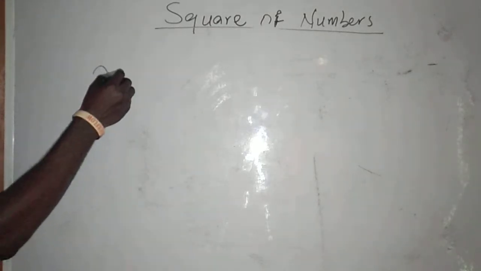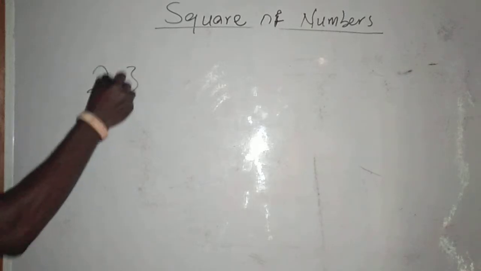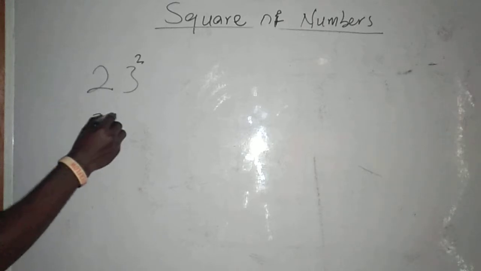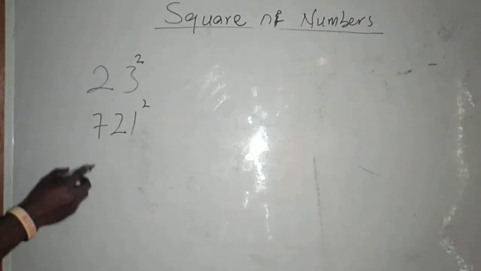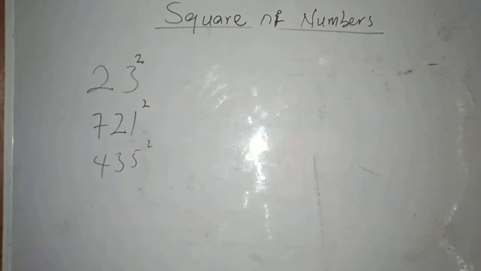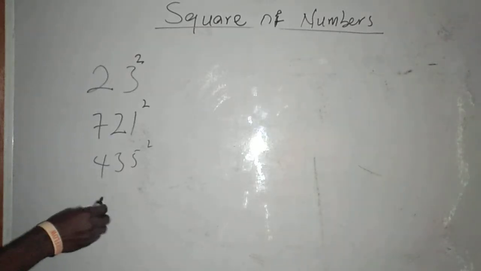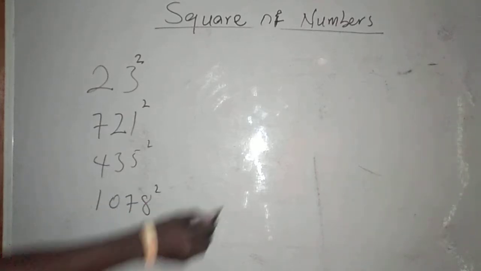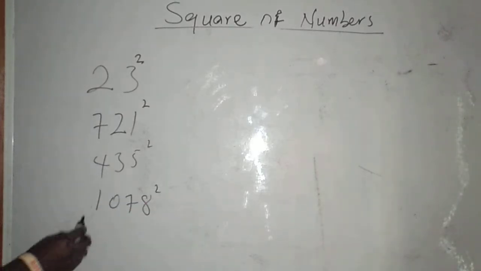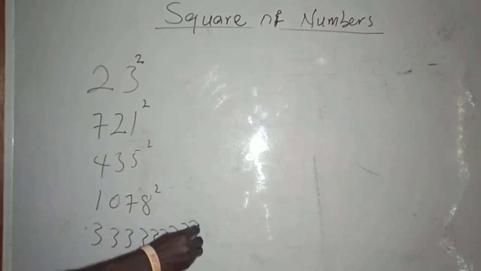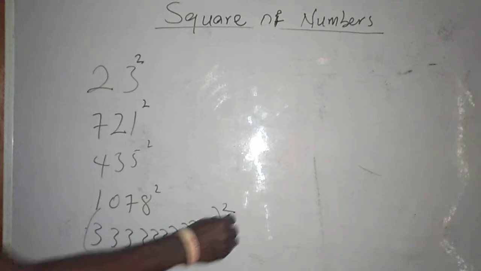Now, if I have a number, try this and get back to us. Okay, I have 71 squared. 23 squared. 721 squared. 435 squared. 1,782 squared. Once again, let me use another very big number: 63 squared.